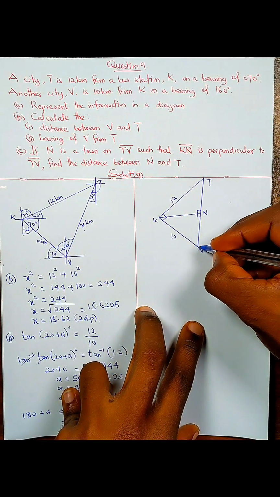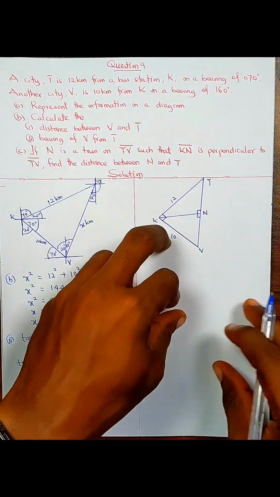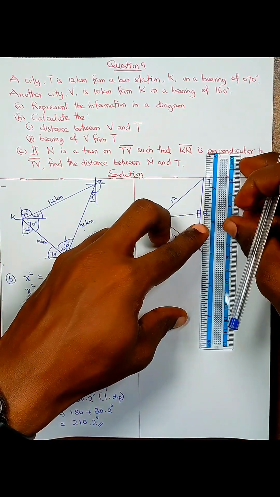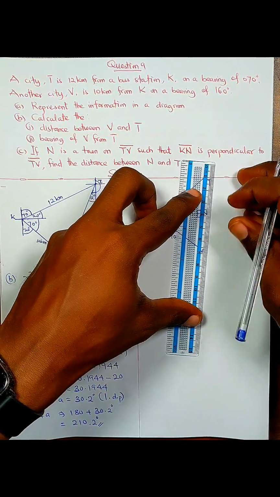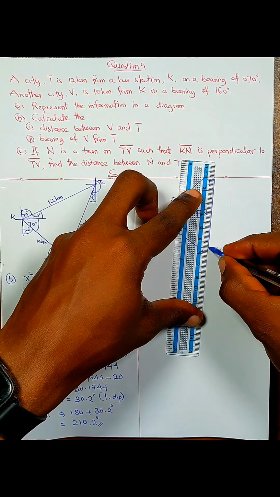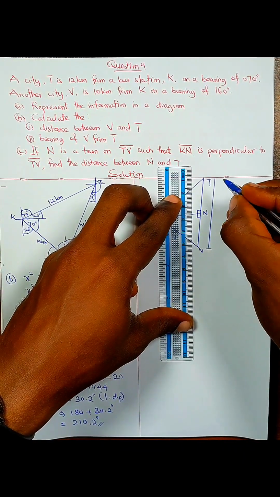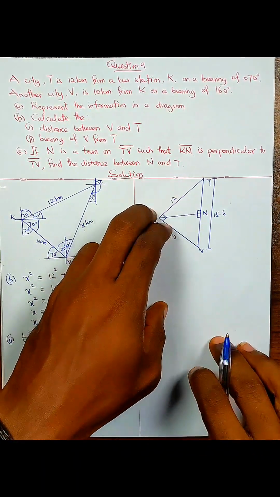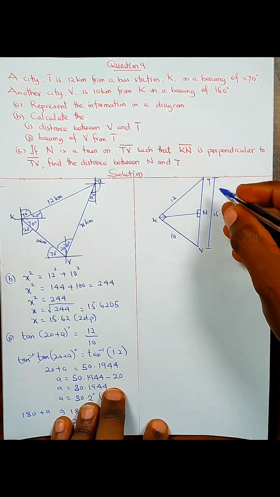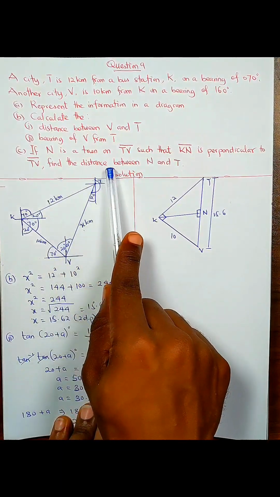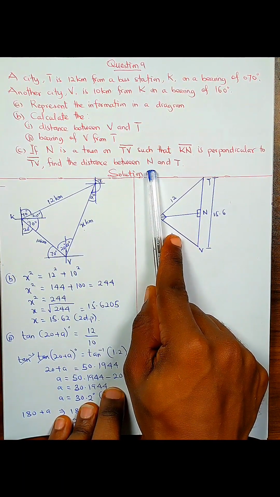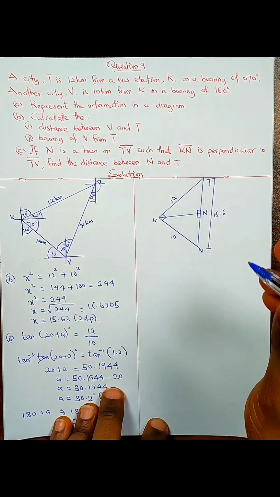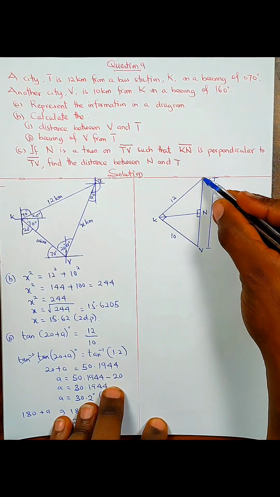So we know from here to here is 15 point. Let me just draw a line to make that clear. So from here is 15.6. Okay, so that's the distance. The question says find the distance between N and T. That means from here to there.